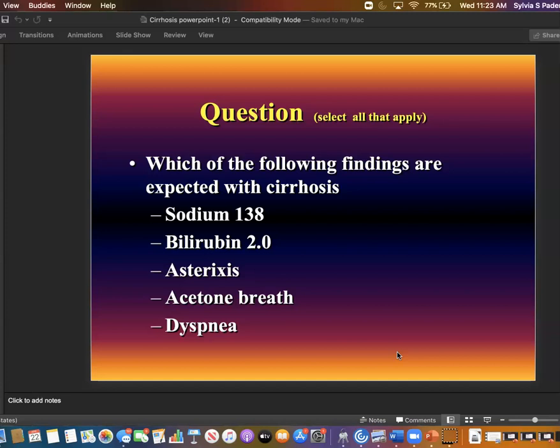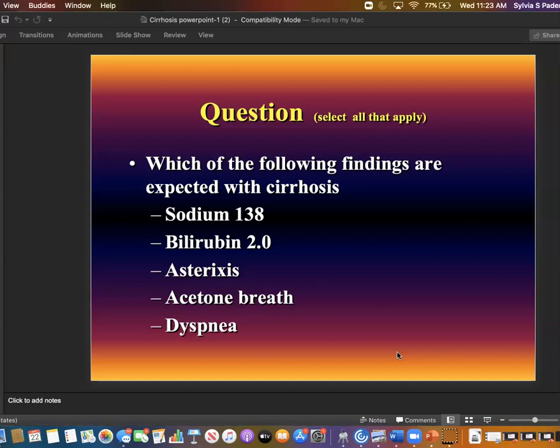And then some of the signs and symptoms of advanced cirrhosis are gynecomastia, which is the enlargement of the breasts in the male population, and this is a result of changes in estrogen. We also get esophageal varices, altered mental status, coagulation disorders that I've mentioned, and ascites.